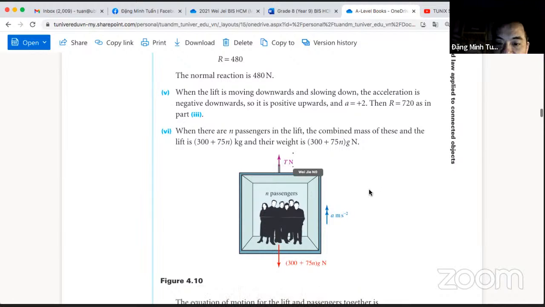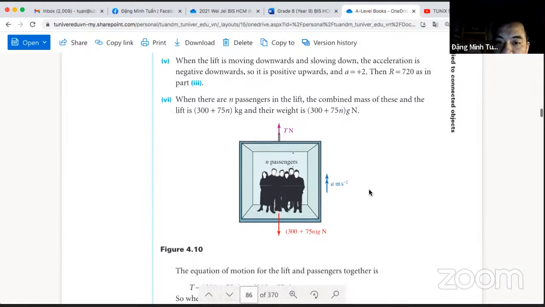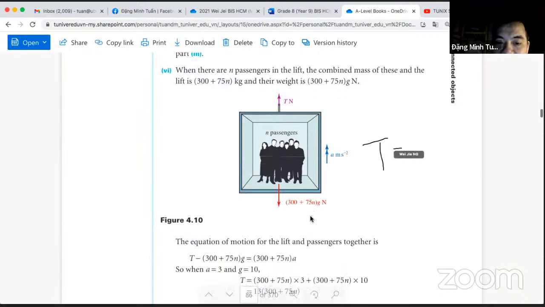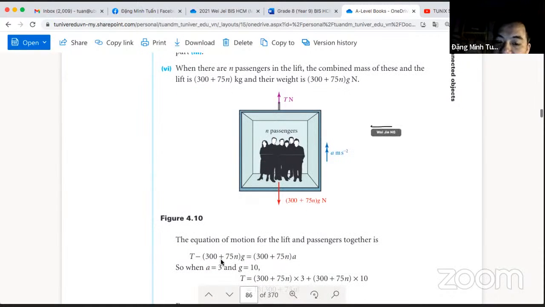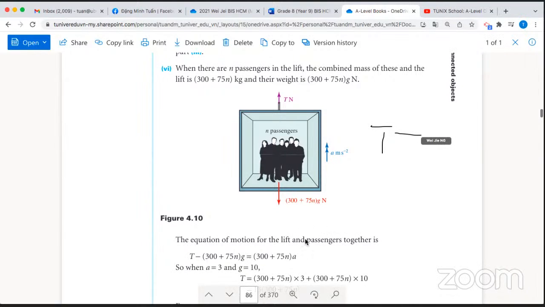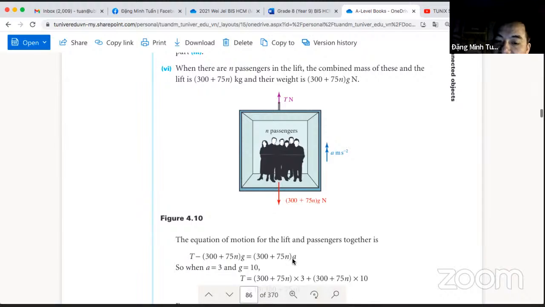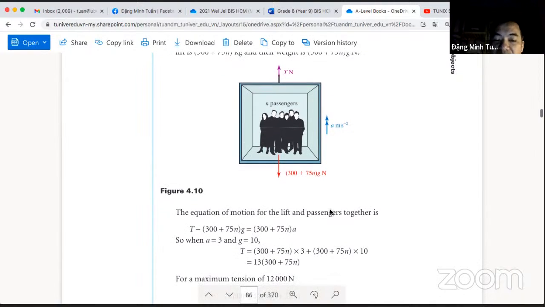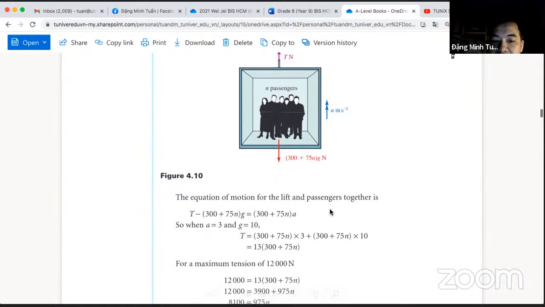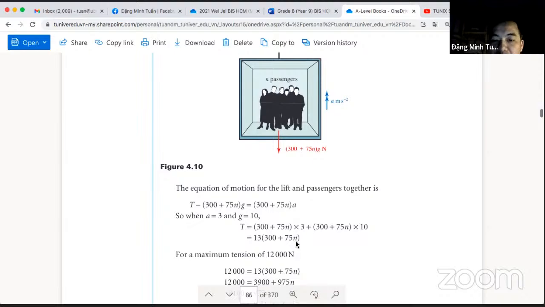For the tension T, you can write down Newton's second law: T minus (300 plus 75n) g equals (300 plus 75n) times a, because here we treat the people and the lift as one object with the mass of 300 plus 75n. Got it? Now, given the acceleration a is 3 and g is 10, you can find the tension depending on the number of passengers.